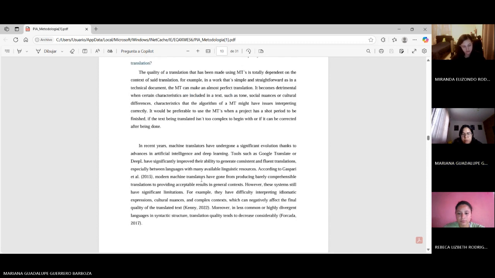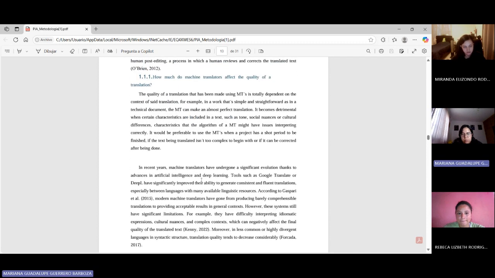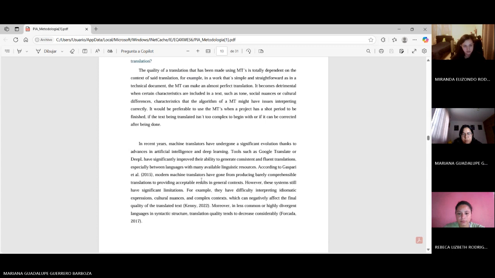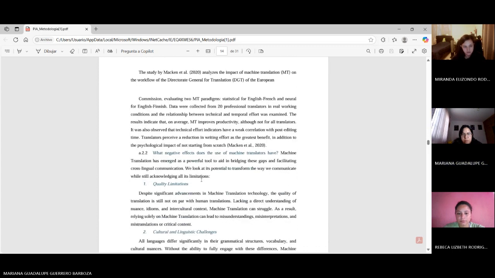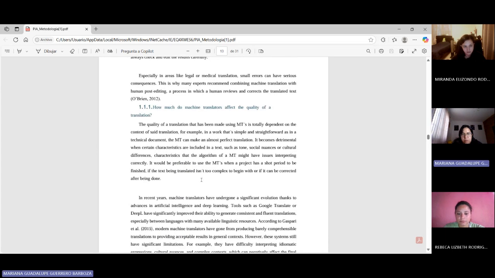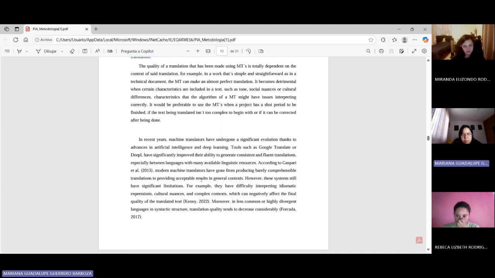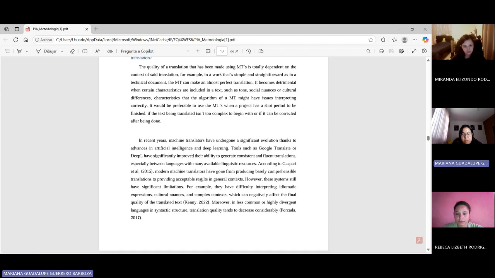So in some cases the quality of translations is bad. So most of the students don't use these machine tools.